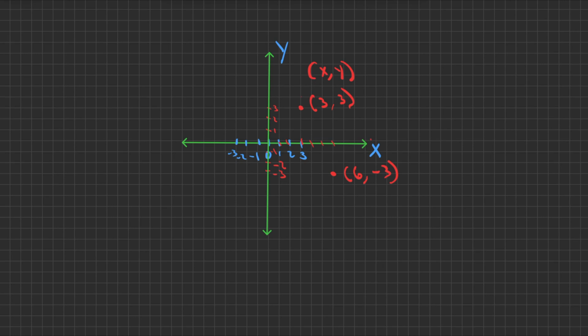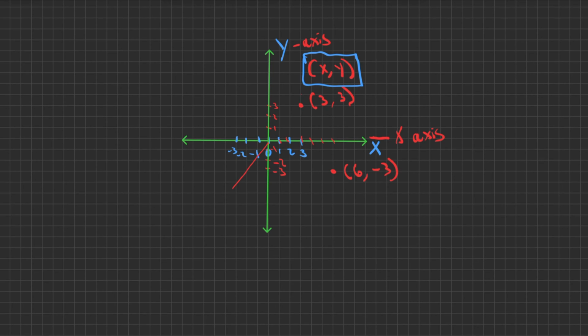Just remember that this line, the horizontal one, is called the x-axis. This line is called the y-axis. This is an ordered pair of the form x comma y. And in the middle of the graph, we have what is called the origin.